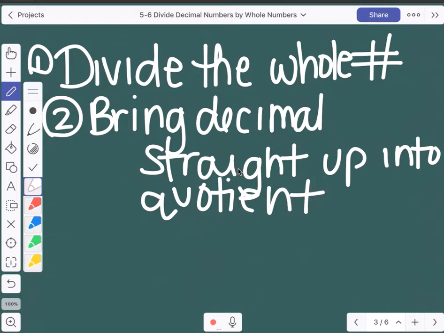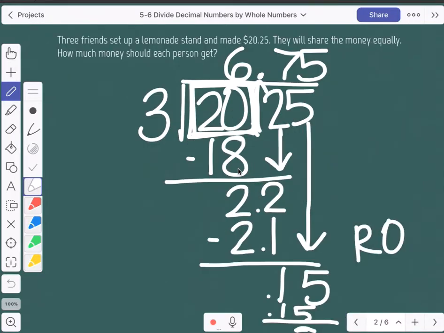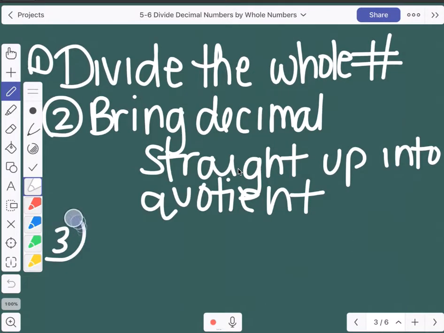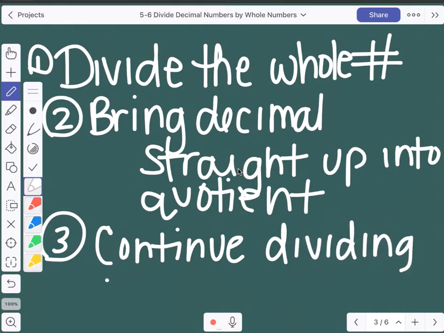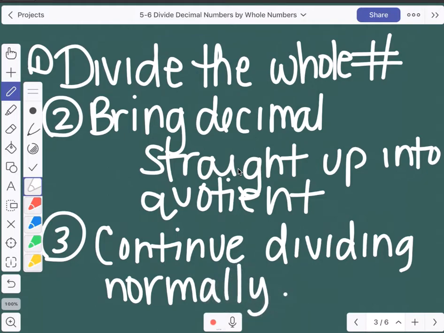I definitely have better handwriting in this software than I did in the other software. And then after that, I went place value by place value, continuing to divide normally. So copy down that list.